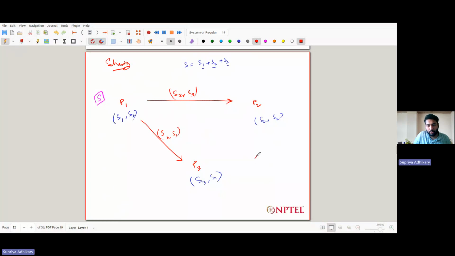Now this takes one round of communication with 4 ring elements. As you can see, 2 ring elements are sent to P2 and 2 ring elements are sent to P3, and both can be sent in parallel. So there is only one round of communication, with 4 ring elements sent to P2 and P3.